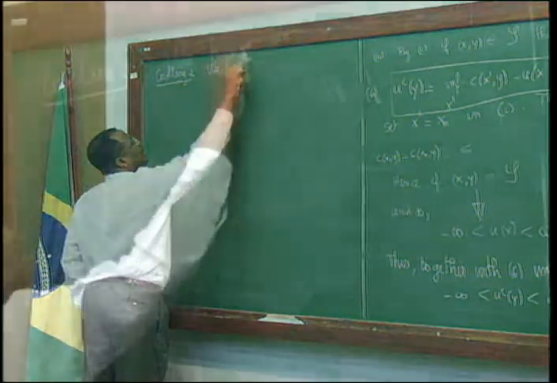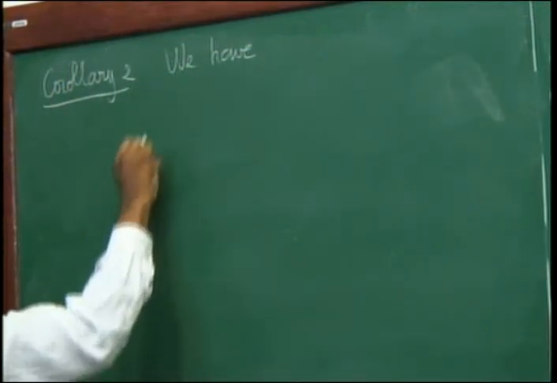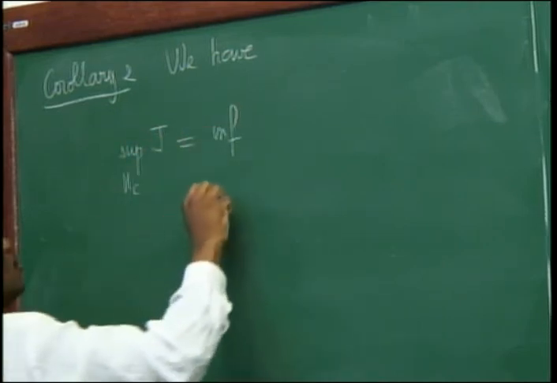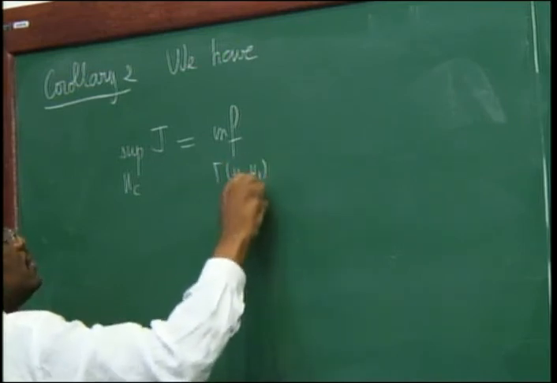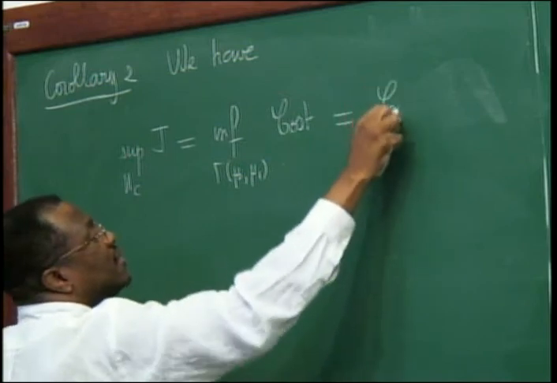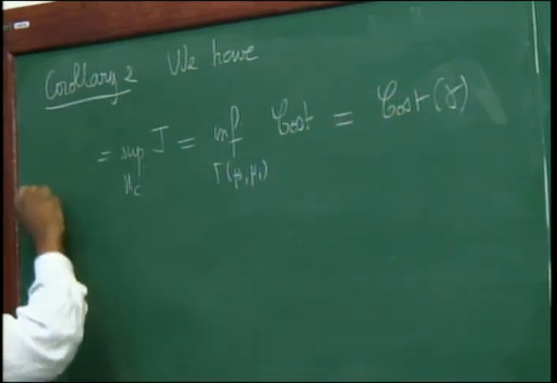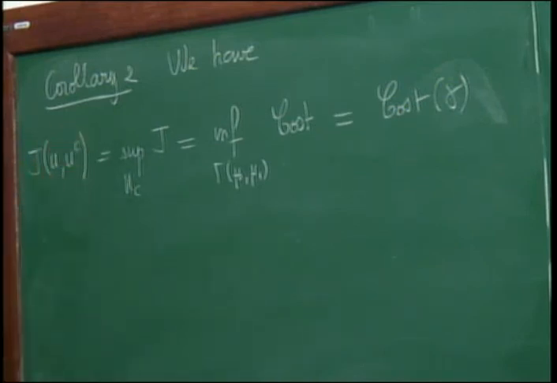We have the sup over (u, c) of J equal to the inf over gamma with marginals mu naught and mu 1 of the Monge cost, and this is C of gamma, and that is J of (u, c).